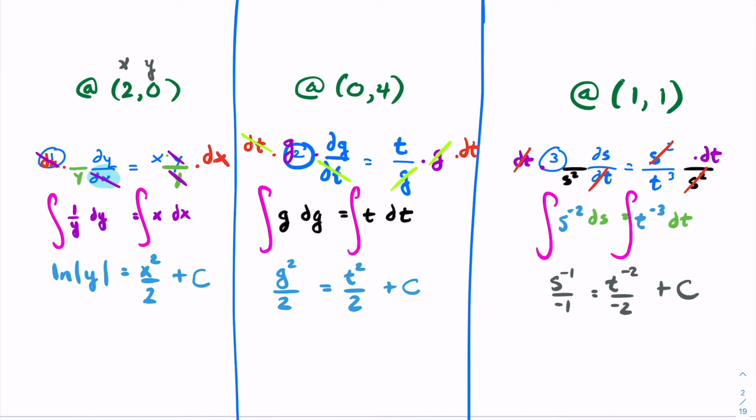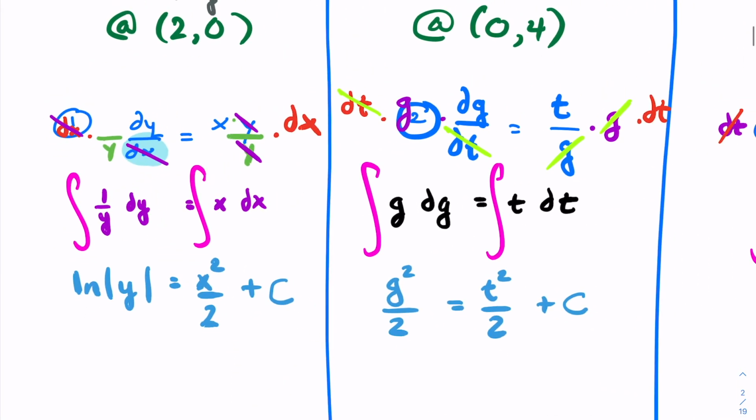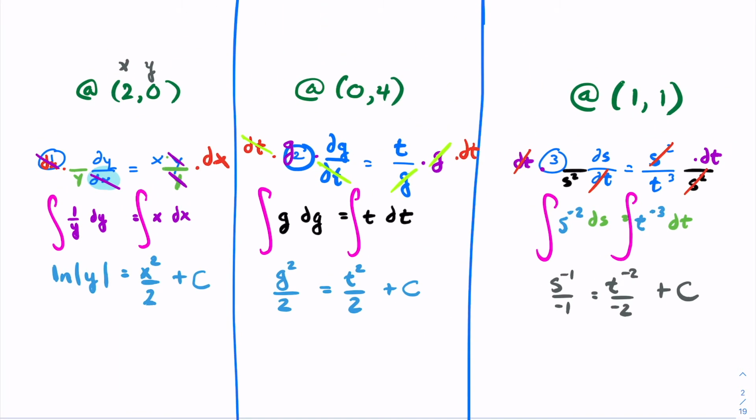Okay, so here, why did I pick y and 2 and 0? Did I pick the wrong point? Hang on. Why did I pick 0, 2 and 0? Hold on. I think I made a mistake. Okay, whoops.